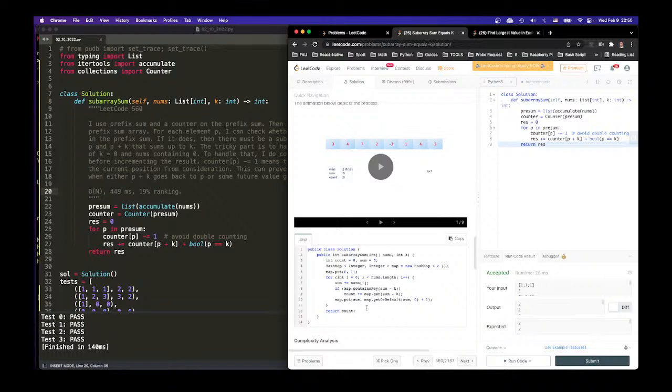Okay, and map.put sum. So it is the same idea, but how does it avoid double counting? And you put a 0, 1 in there, you see that?